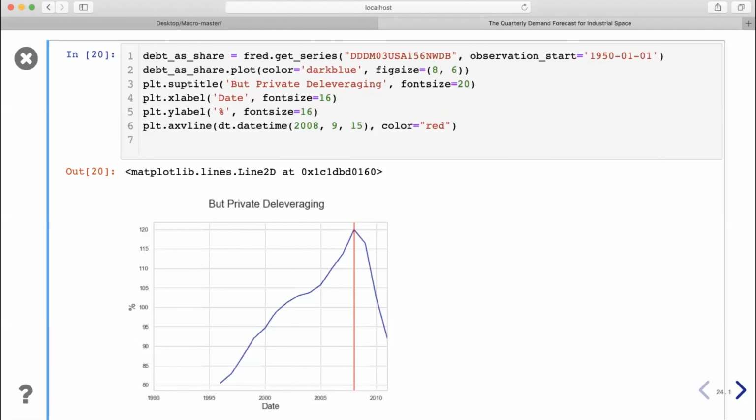Albeit during a time when the private sector is deleveraging. This is a measure of private sector debt as a share of GDP. You can see it peaked at the global financial crisis, but firms have not been taking on leverage, not been taking on debt since the global financial crisis, and that's particularly true today.